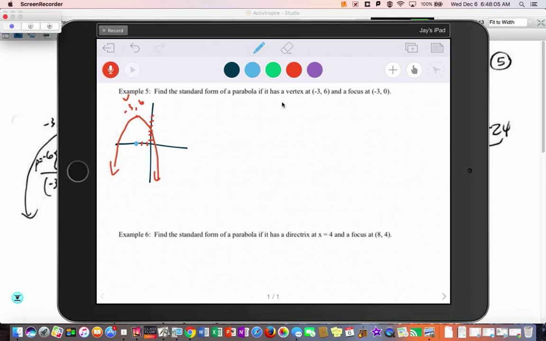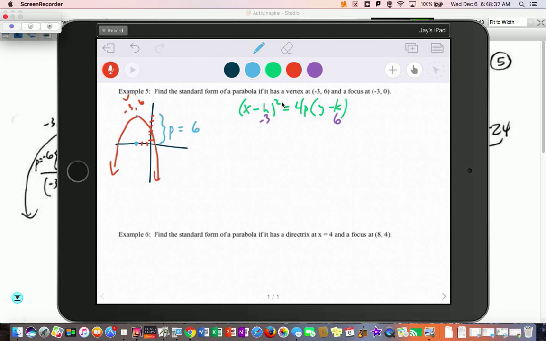When it's opening down, I know it's going to have the form x minus h quantity squared is equal to 4p y minus k. So I know my h and k. I put a negative 3 there, and I put a 6 there. And then I look at the distance for the p value from 6. The y value is 6, so it's a distance of 6 from 0.